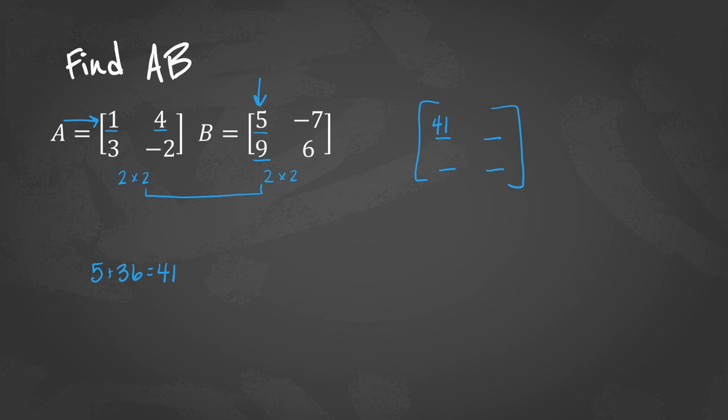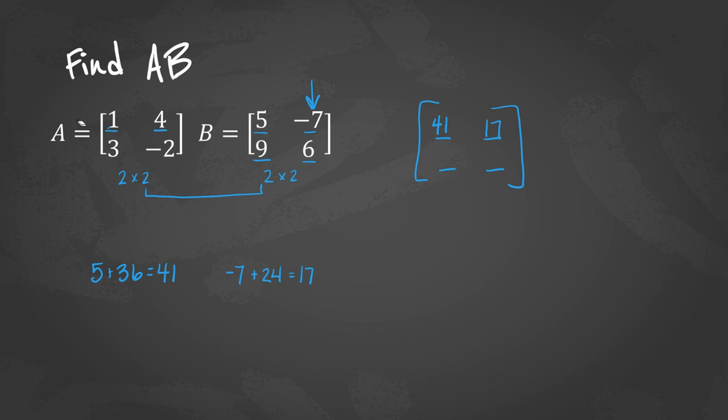We're multiplying the top row by the left column. So we put that in the top left position. Now we're going to multiply the top row by the right column. So I'm going to multiply 1 times negative 7 and 4 times 6, and I'm going to add those together. That was my top row, right column, so I'm going to put that in the top right position.